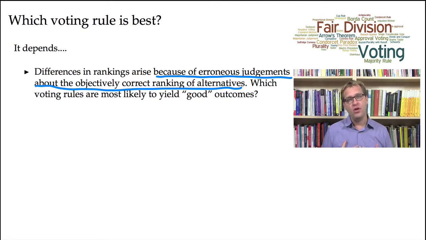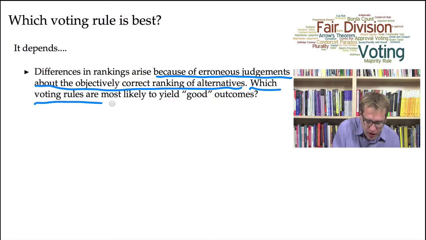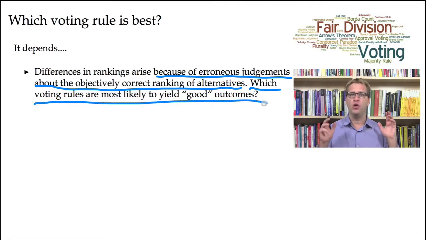So in this case, what we want our voting rules to do for us is to somehow wade through all of these differences of information and differences of ability and latch on to the objectively correct ordering over the alternatives. So the question really is, which of the voting rules are more likely to yield the good outcomes, where the good outcome is this objectively correct ranking over all of the alternatives?